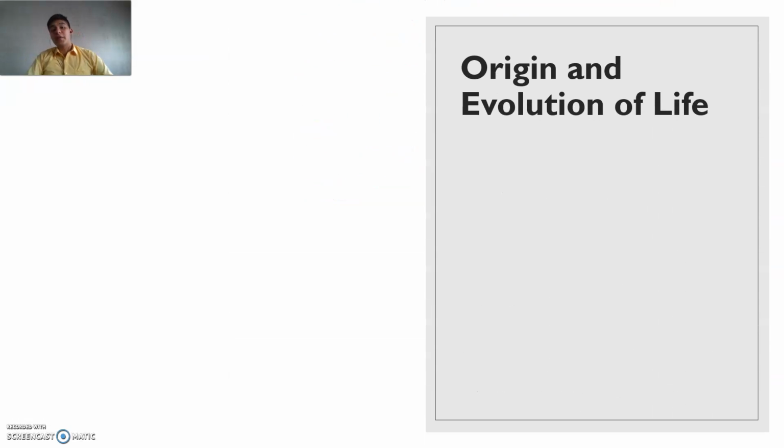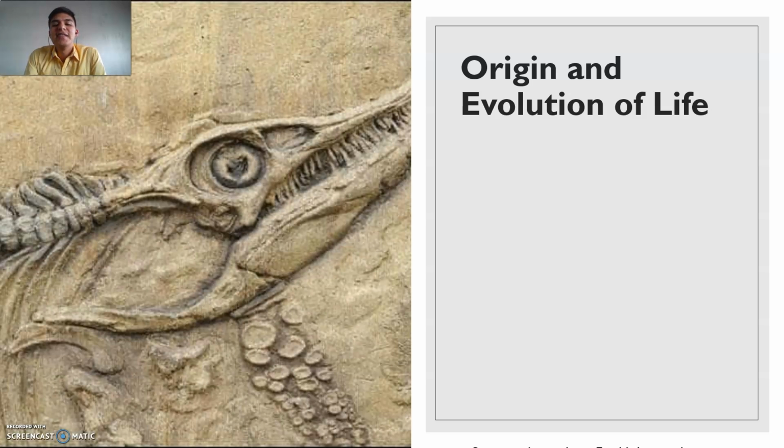Alright, so just like I previously mentioned, today we are going to study the origin and evolution of life, which is something crazy and of course a very nice topic to study. So, scientists learn about Earth's history by studying fossils, just like the one that you can see right here.